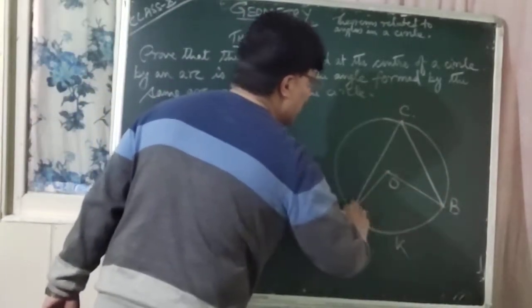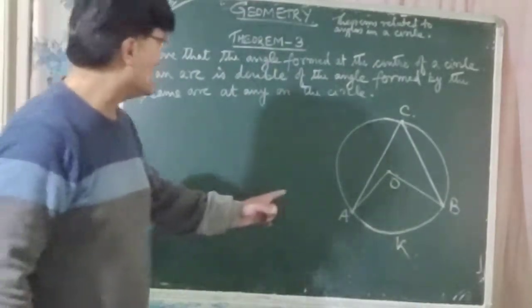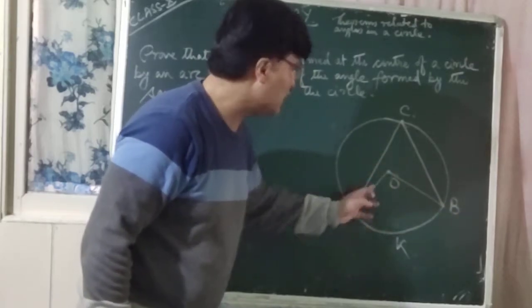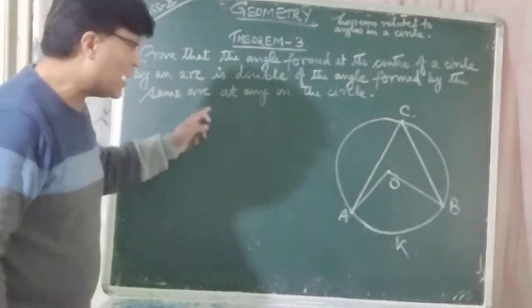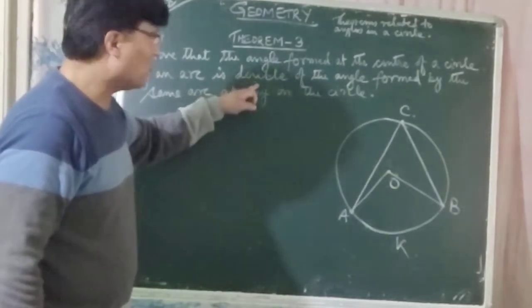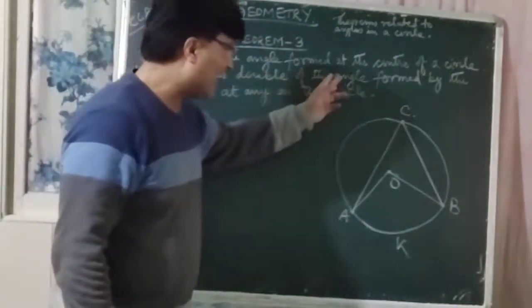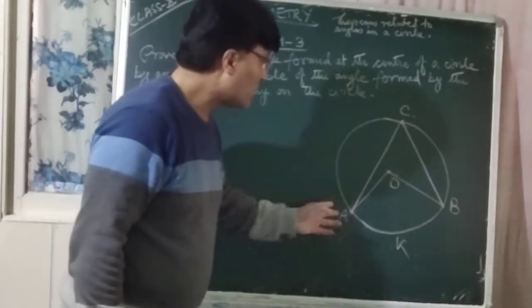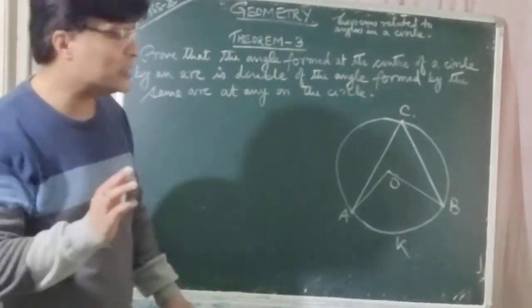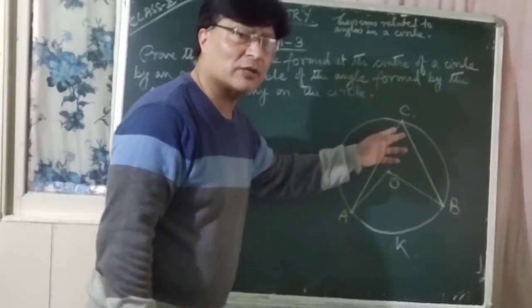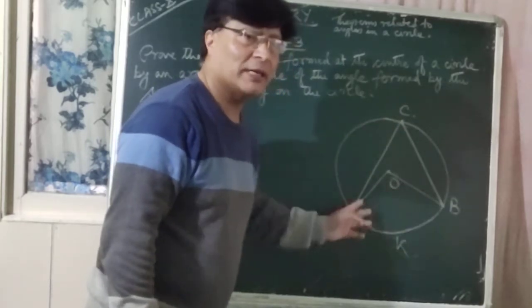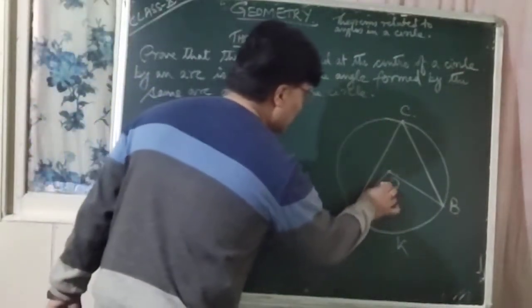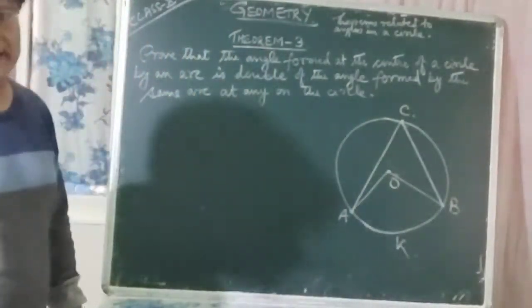That is, you have to prove that the angle formed at the center of the circle by the arc AKB is double, meaning twice, the angle formed by the same arc at any point of the circle. Angle ACB is the angle at the remaining part of the circle. That is, you have to prove that angle AOB is equal to twice angle ACB.